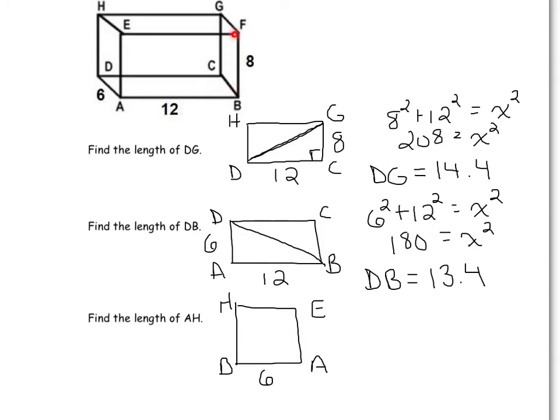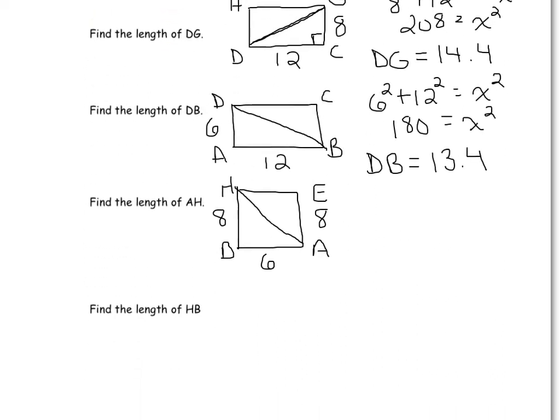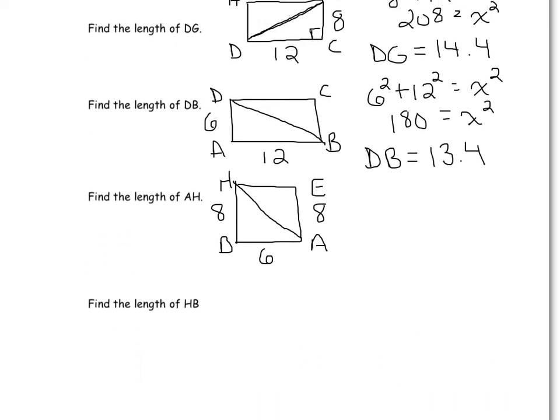Well, it's going to be the same as that height there. So that would be 8. And we're looking for AH, so from here to here. Again, Pythagoras. So I would do 6 squared plus 8 squared equals our value squared. And that gives me 100. Oh, so that's a nice value. AH is 10.